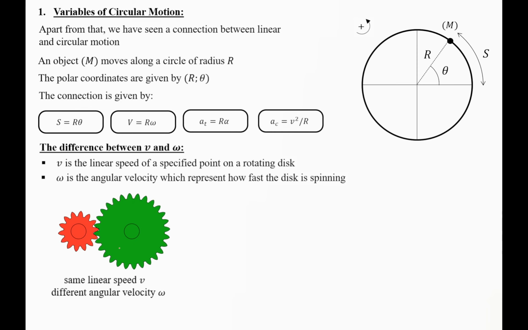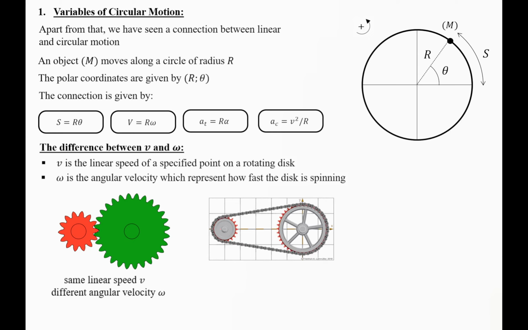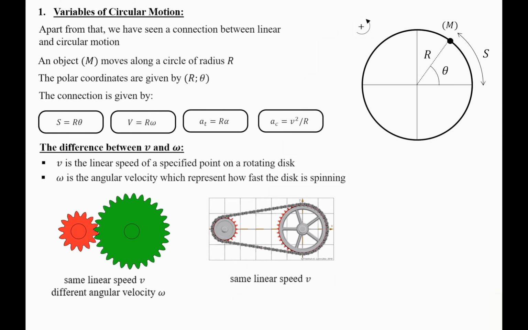As you can notice from the animation, the green disk is spinning slower than the red disk. Similarly here, the bigger disk is spinning slower than the smaller disk, or we say that the smaller disk is spinning faster than the bigger disk.